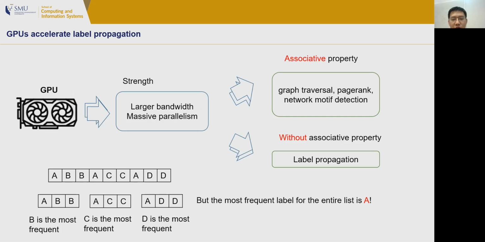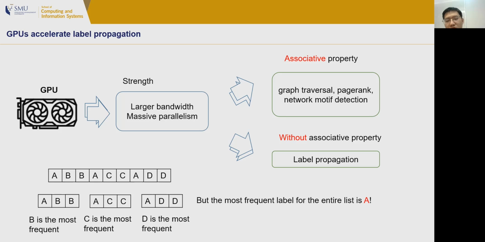Recently, there has been rapidly growing interest in employing GPUs to accelerate various graph processing workloads, such as graph traversal, PageRank, and network motif detection. Those existing works leverage the associative properties of their targeted applications to efficiently distribute their workloads.